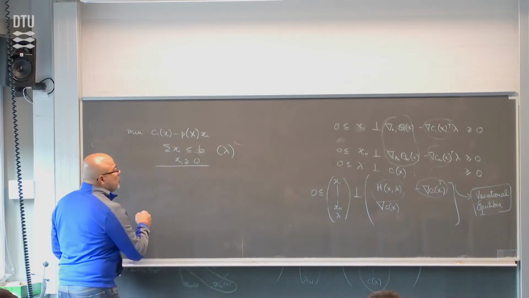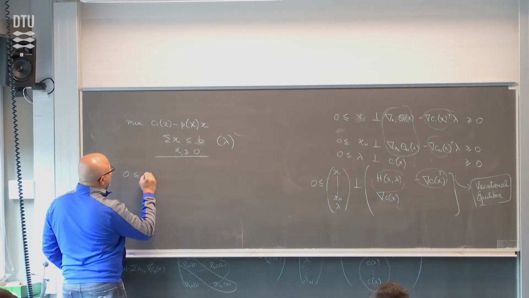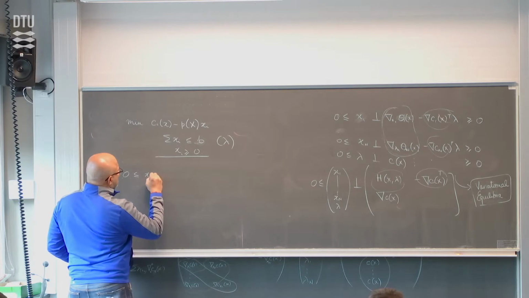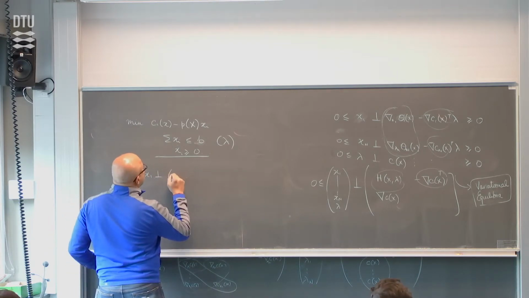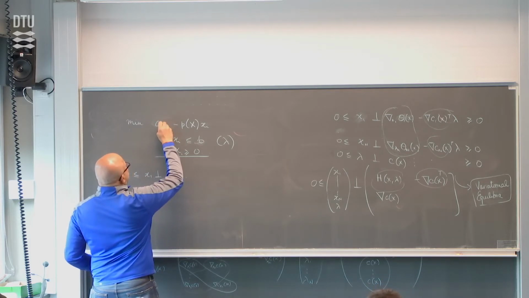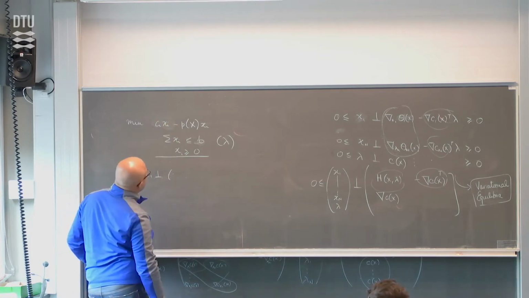Then what you have is x1 orthogonal to, and let's just assume this is Ci of xi, so it's a linear cost.